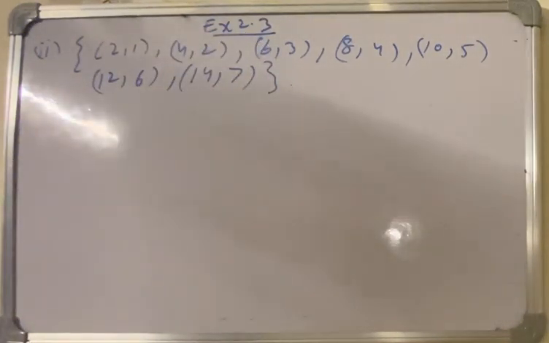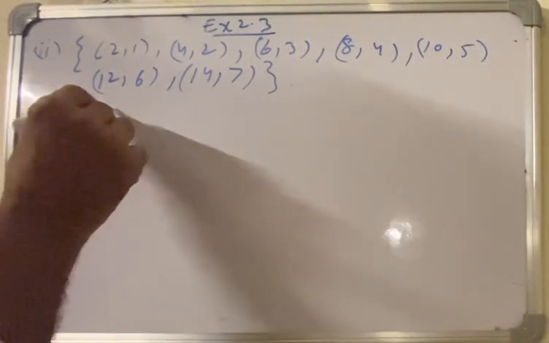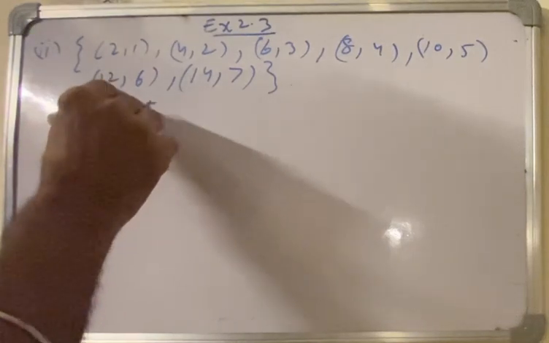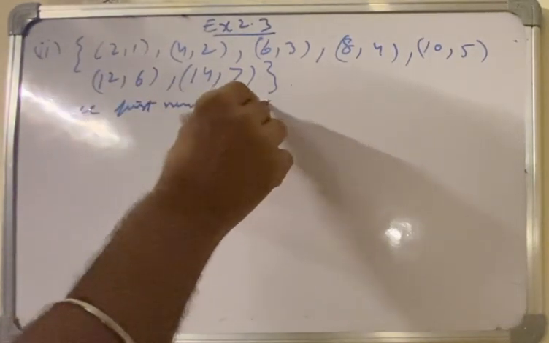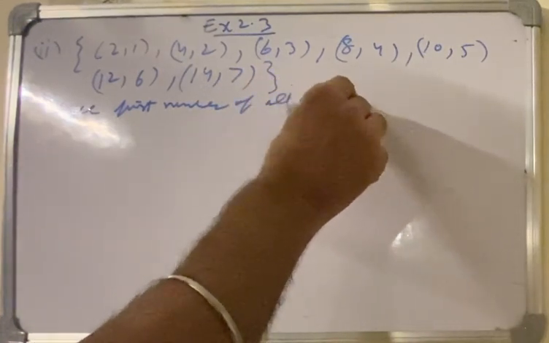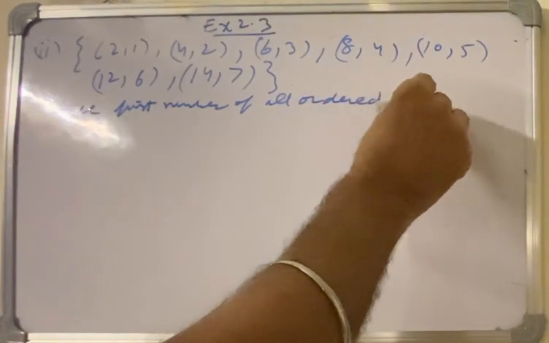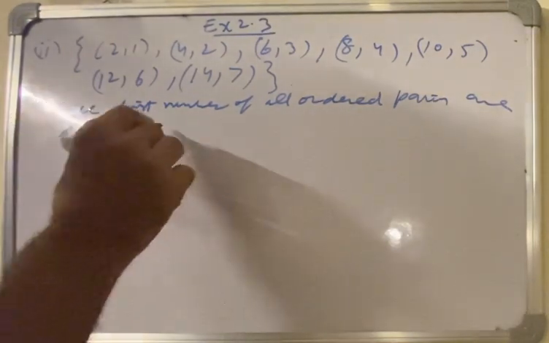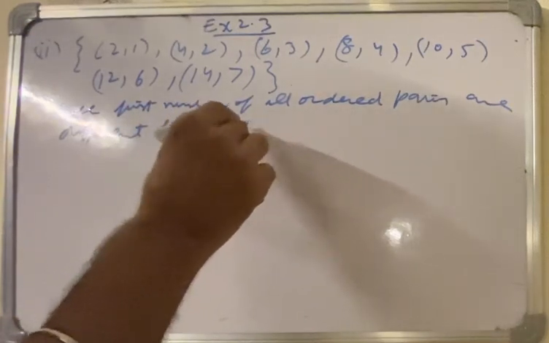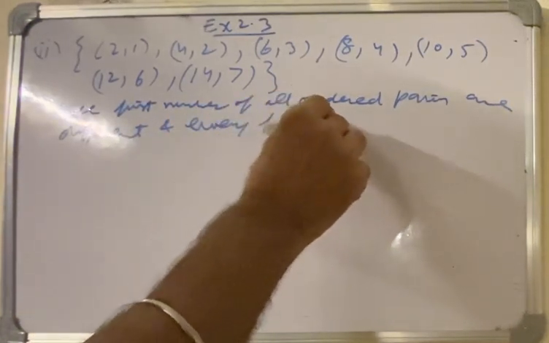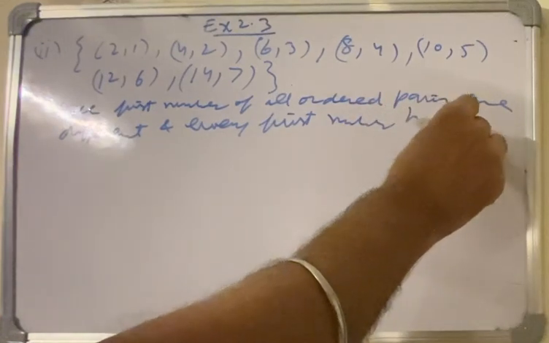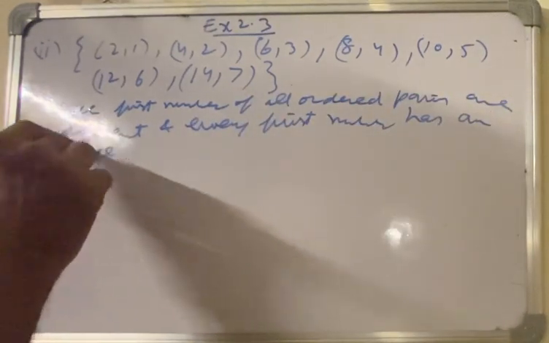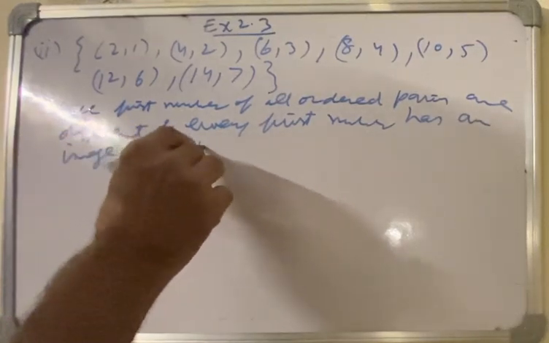Again, exactly in the same way as in the first part, the first numbers of all ordered pairs are different, and every first number has an image, so it is a function.